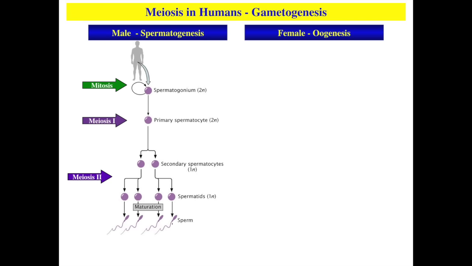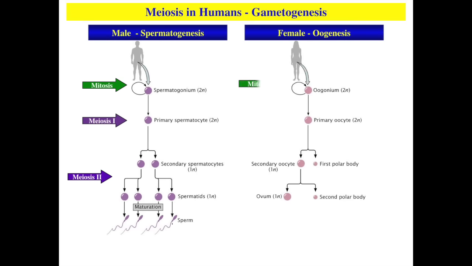In female oogenesis, you also have a germline stem cell, the oogonium, and this self-renews and occasionally produces primary oocytes that undergo meiosis I. At the end of meiosis I, you get an unequal division of the cells, unlike what happens in the male.